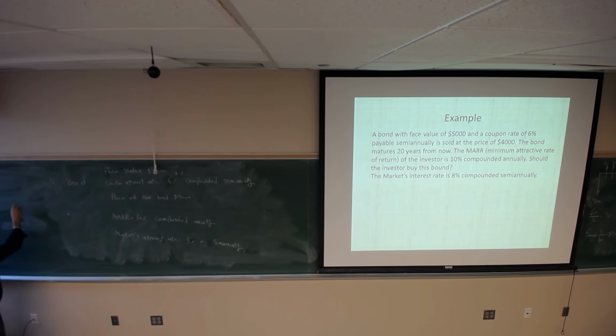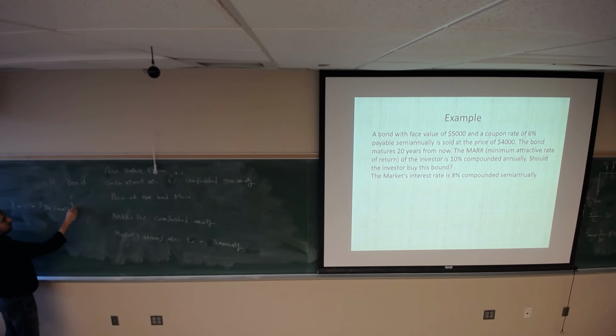So i effective is 1 plus i per 6 months, to the power of how many periods of time do we have in a year? 2, minus 1. So if i effective is 10%, what would this i be?